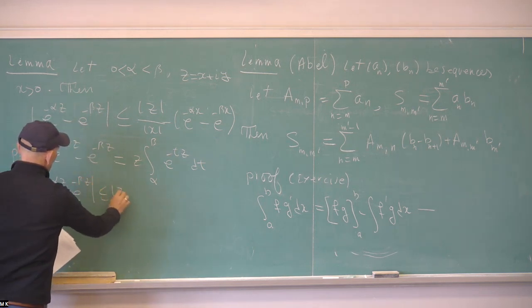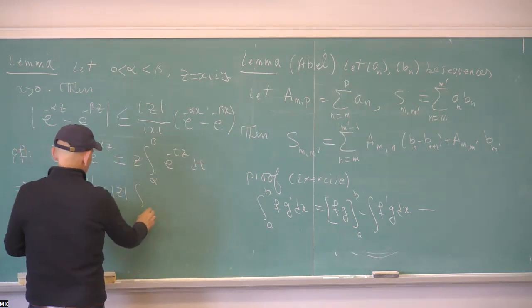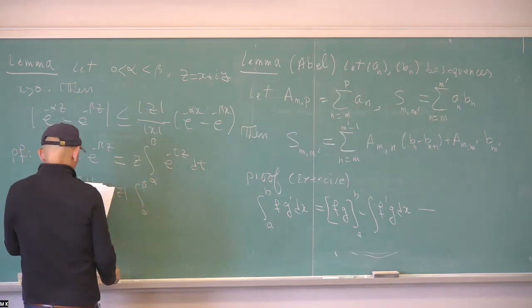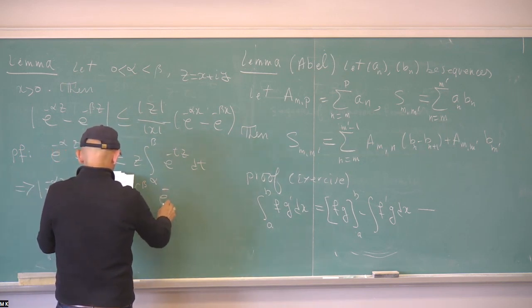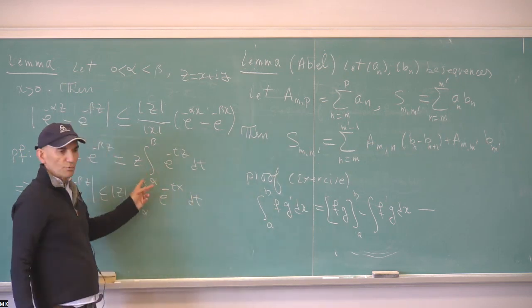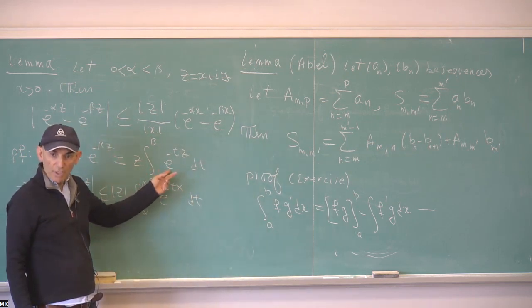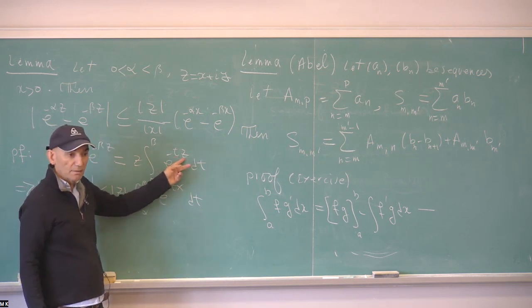Is this less than or equal to the absolute value of z times the integral from alpha to beta of e to the minus tx dt? You see, you pull this absolute value sign inside. And what is the absolute value of e to the minus tz?